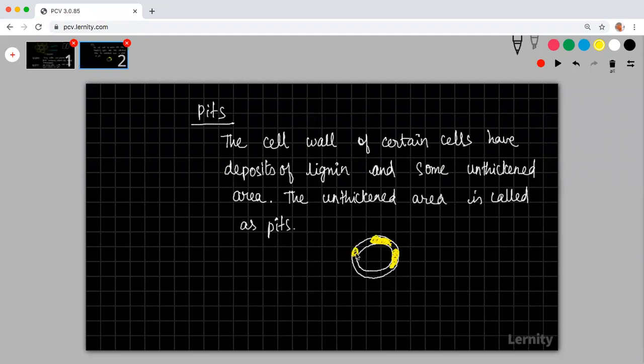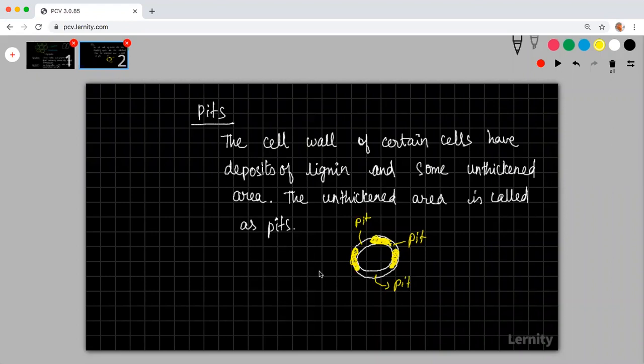So now this is a pit. This is a pit, and this is also a pit. Basically, pits are the unthickened area.